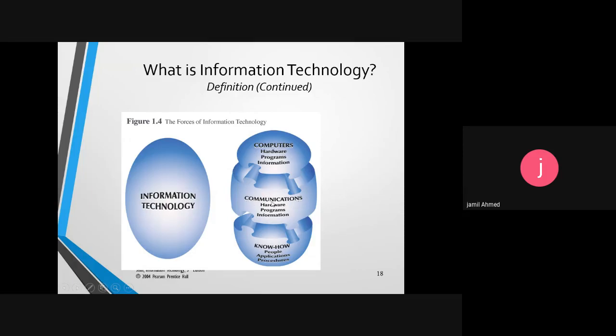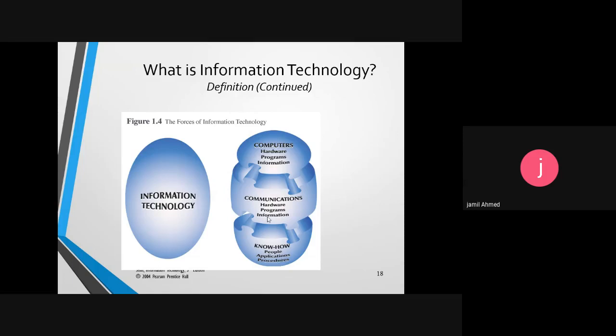Then the communication technologies also have hardware, programs, and information, and we will discuss them in detail in later lectures. We will see know-how, meaning the people, applications, and procedures, which should be well understood by the people.